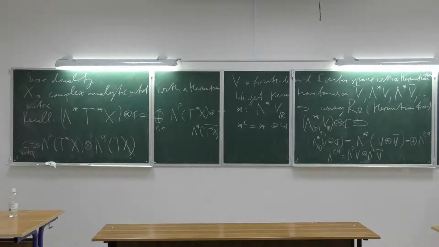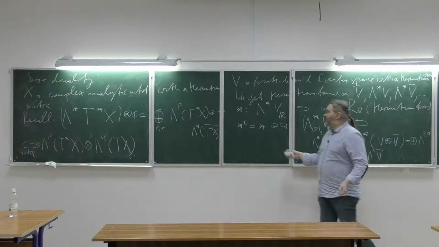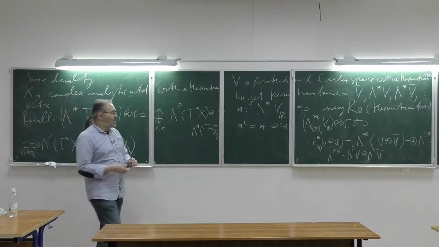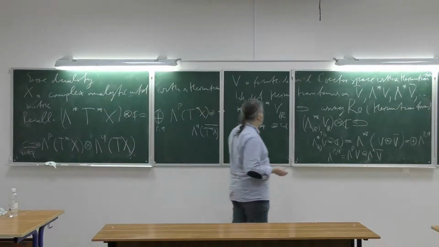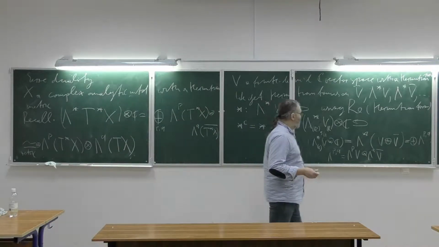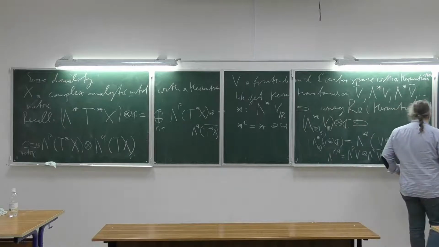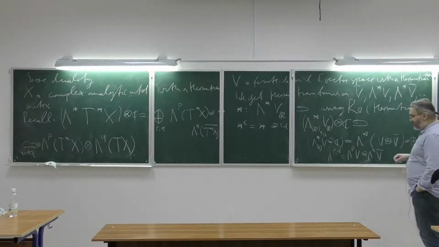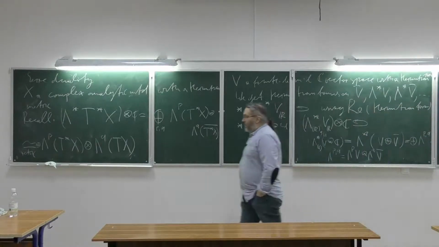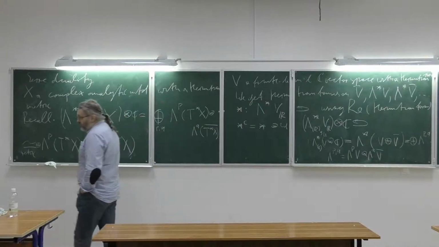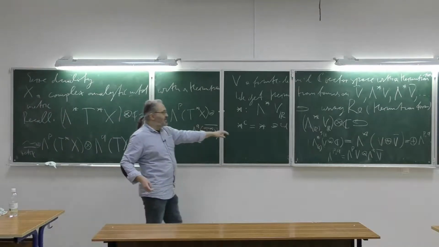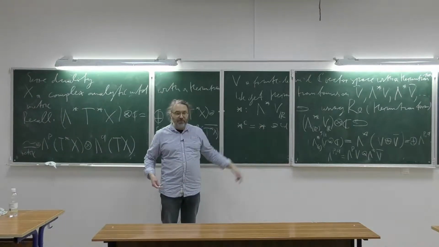Okay, I have this operator which goes from this direct sum to itself, and I want to understand where this operator takes lambda PQ.